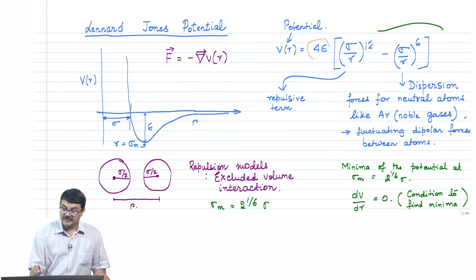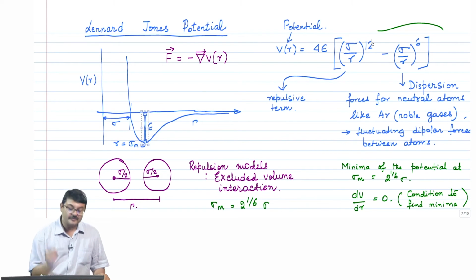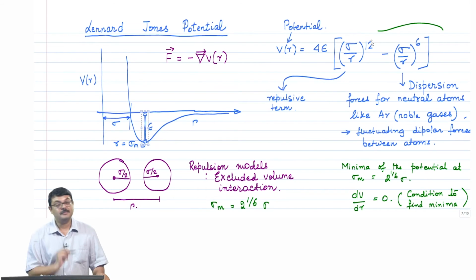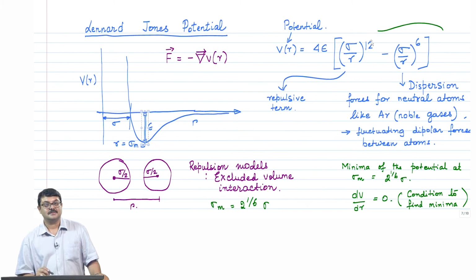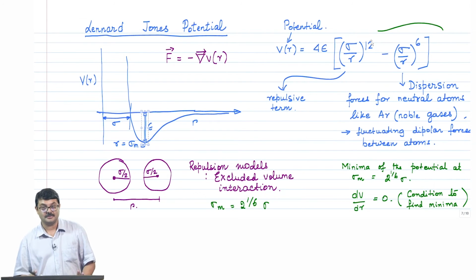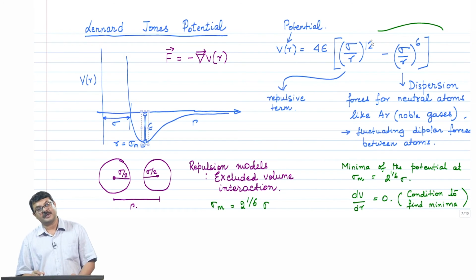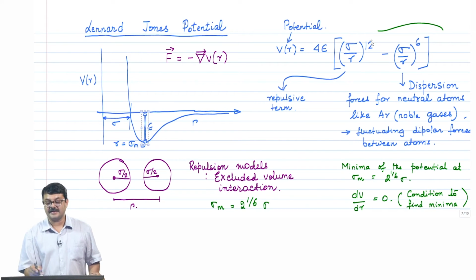The reason you write it like this is, the depth of the potential at the minima becomes epsilon. Now, if you had chosen some other quantity, suppose B, and written B here, then the depth of the potential at the minima would have been B by 4. So, it is a convention that you write the expression of the Lennard-Jones as 4 epsilon.